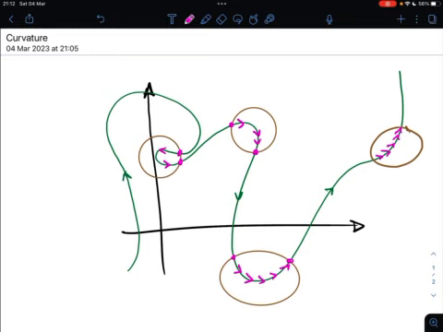Some parts are much more bent than others, while some are less bent. It is this degree of bending that we refer to as curvature in the language of space curves. So today we want to see how one can quantize this degree of bending of a space curve using some mathematical tools that we have.